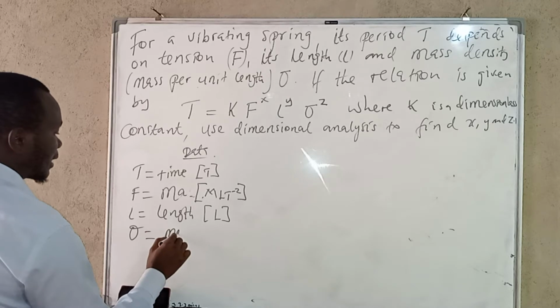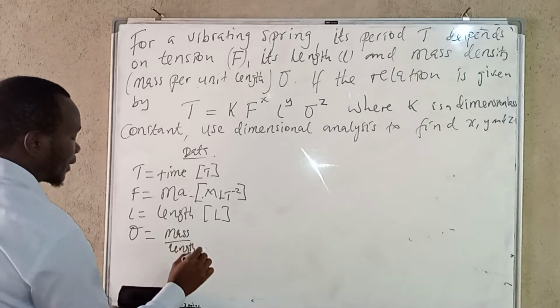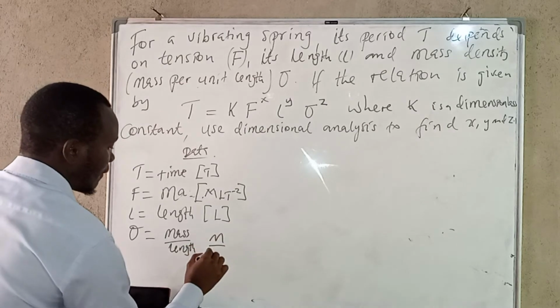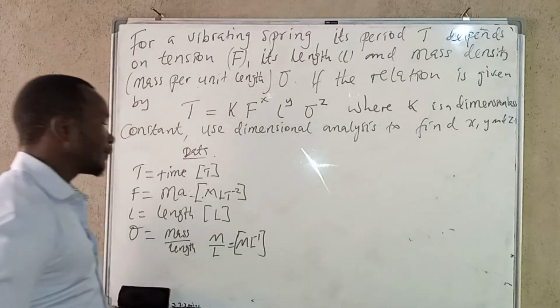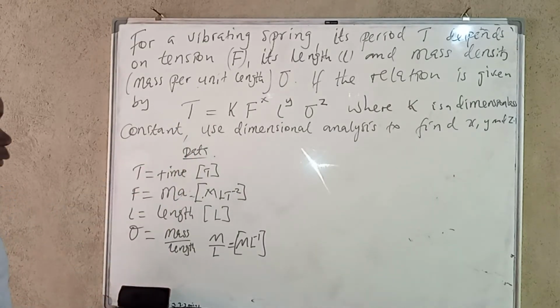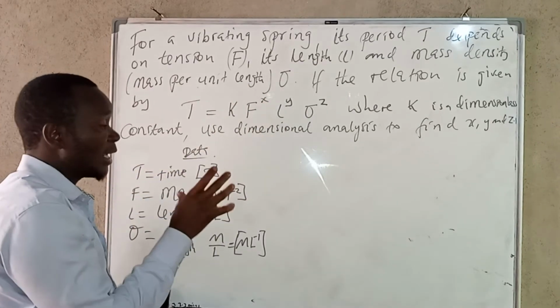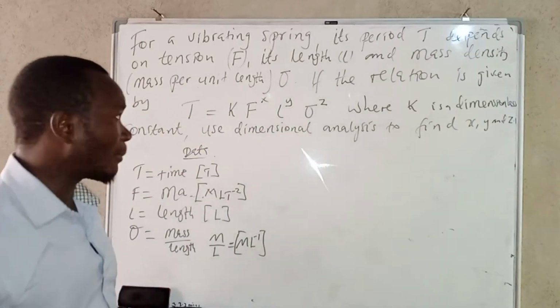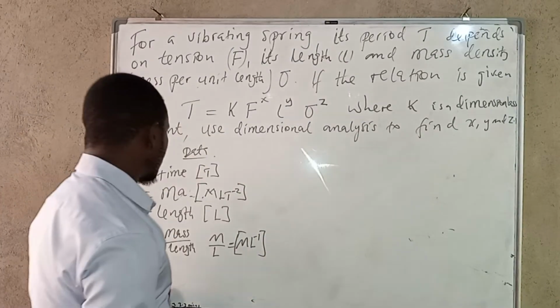So mass per unit length is simply mass over length, which is M over L. So from this point, we can plug in the values. Since K is a dimensionless constant, it does not have dimensions, and in dimensional analysis, we do not dwell so much on constants.